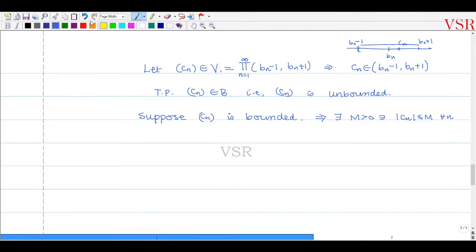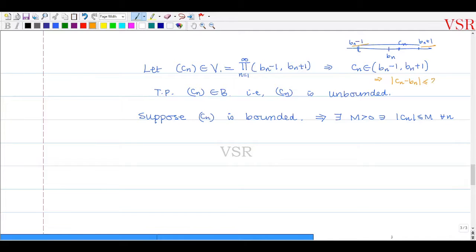So this implies that modulus of Cn minus Bn is always less than or equal to Bn plus 1க்கும் இதுக்கும் உள்ள தூரம். இது எவ்வளவு? 2. Okay, this is Bn plus 1 minus Bn minus 1.